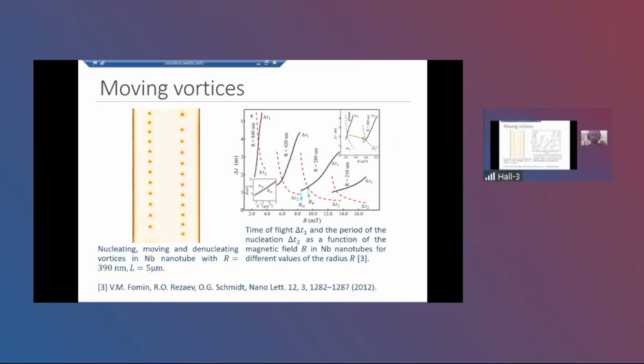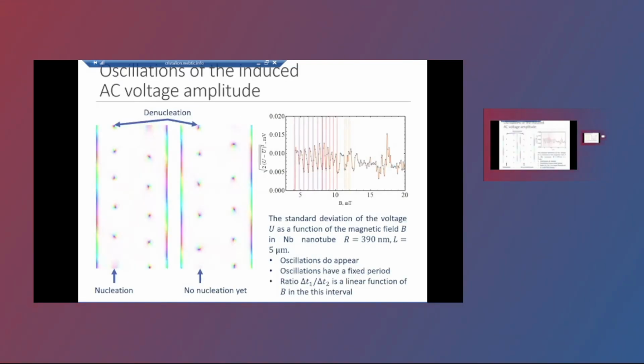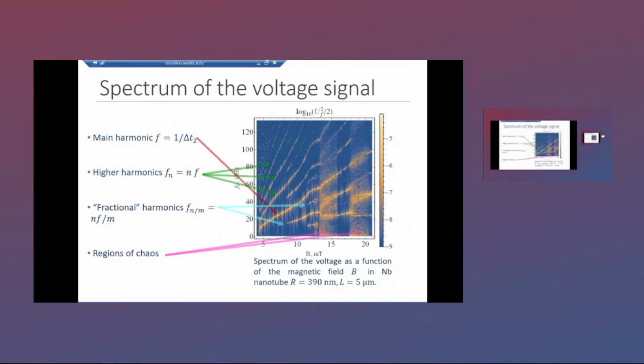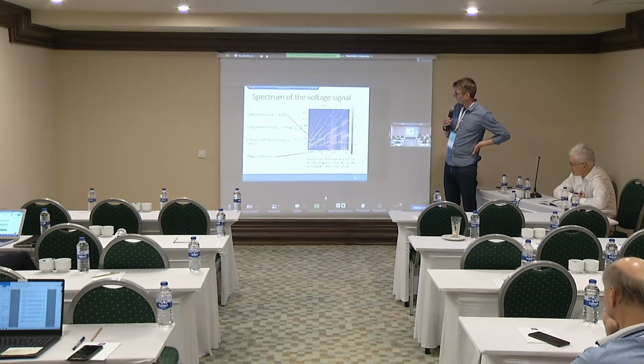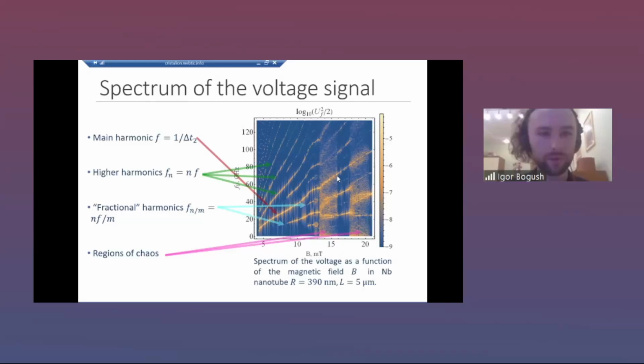Okay, thank you. If I don't see questions, I can ask one more, because I had one which was not clear for me. Can you comment once more on the presence of these fractional Shapiro steps? For me, it was not clear how the bifurcation of the channels leads to fractional Shapiro steps. Can you explain that once more? You mean these fractional harmonics?